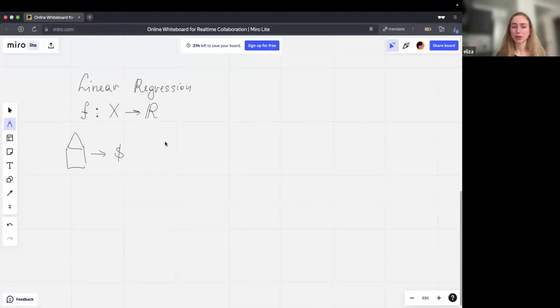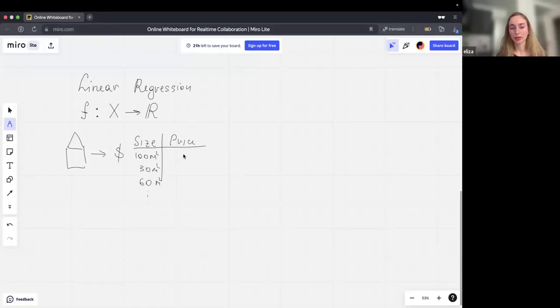Size, price, for example, I don't know, 100 meters squared, 30 meters squared, 60, and etc.